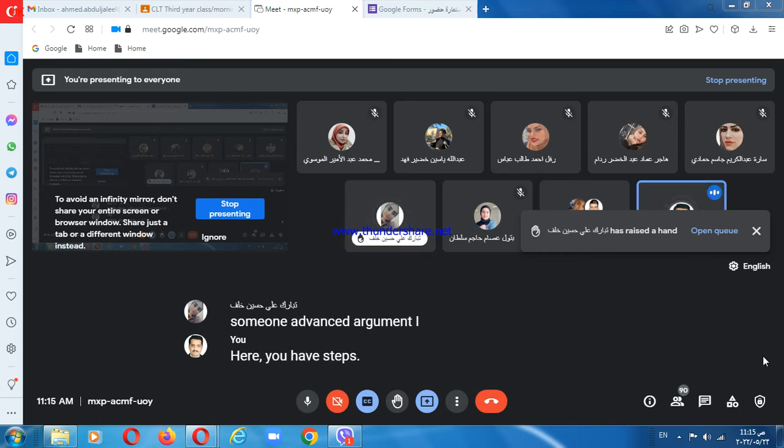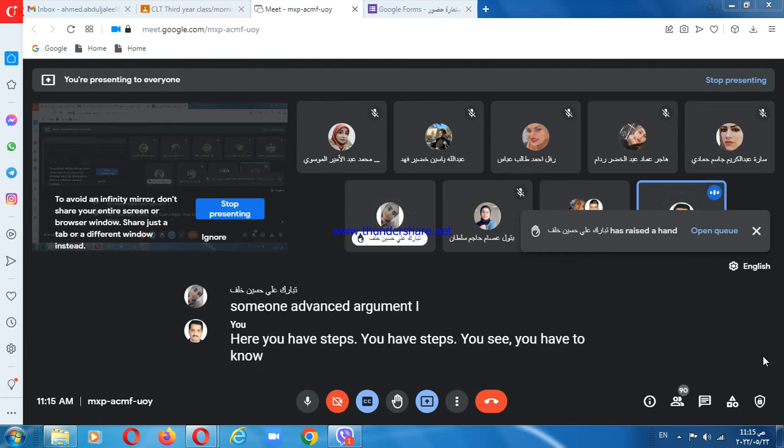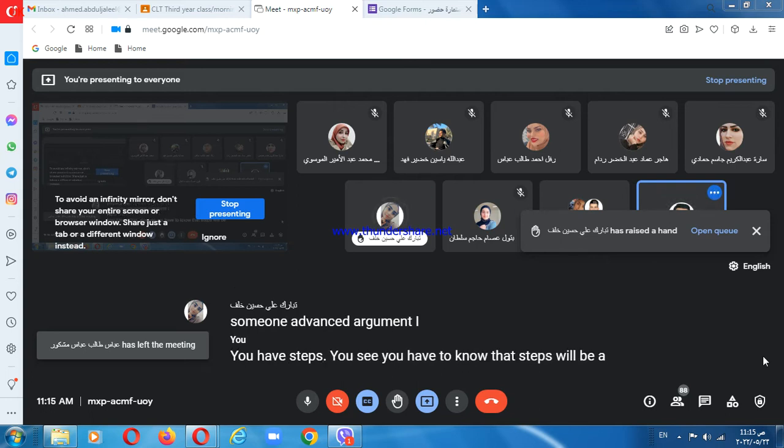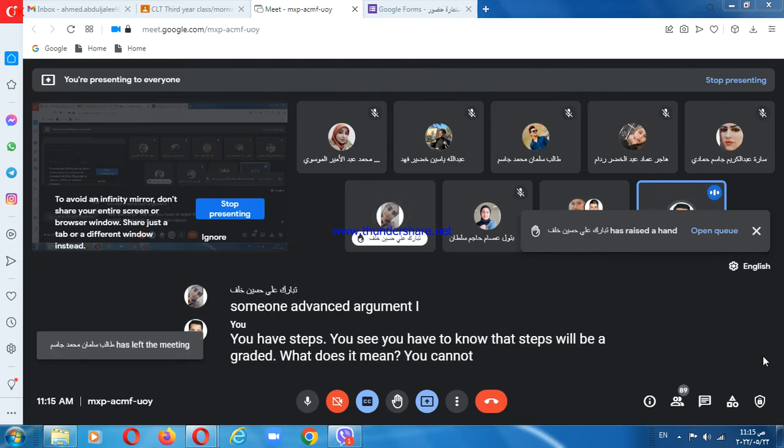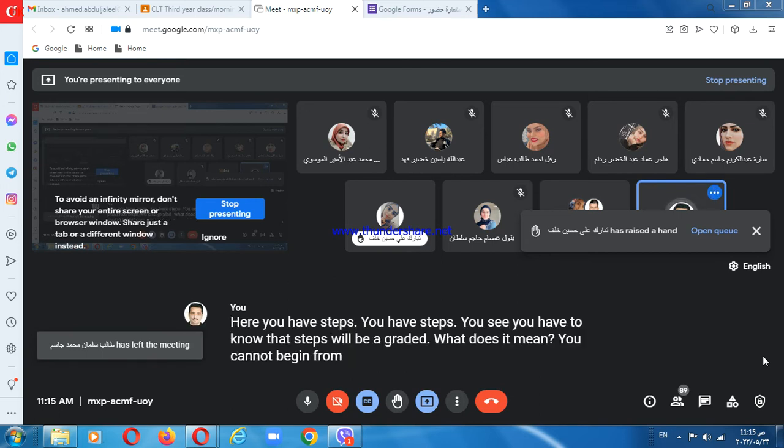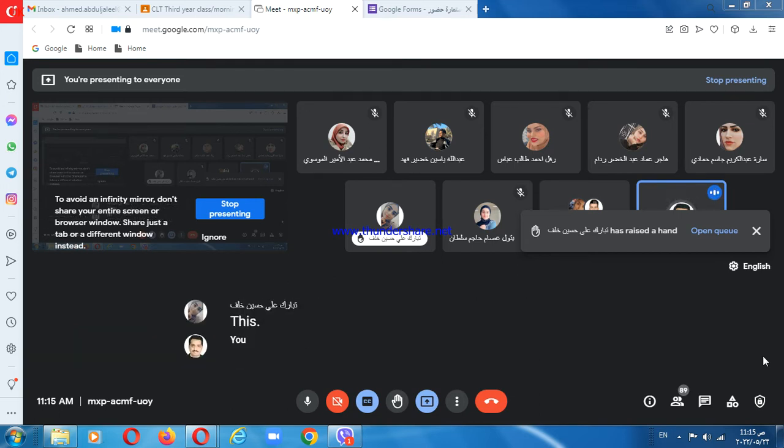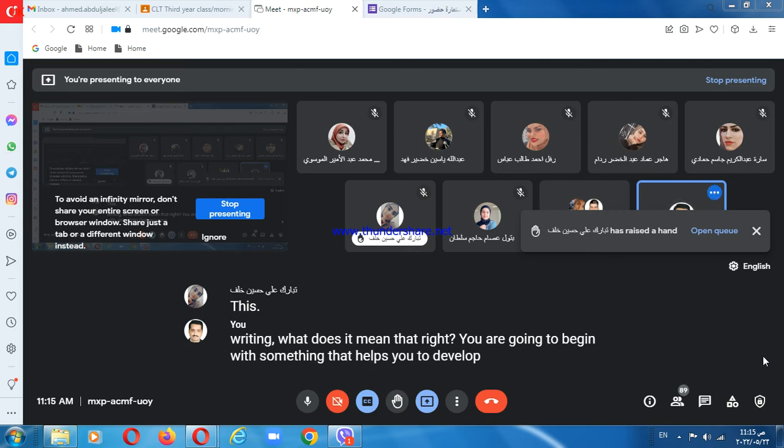You have steps. You have to know that steps will be graded. What does it mean? You cannot start from the beginning with free writing. You have to have guided writing. What does guided writing mean? You begin with something that helps you develop your level.